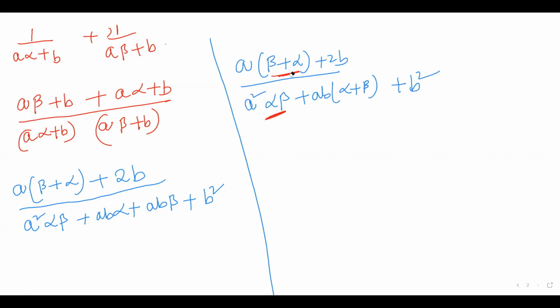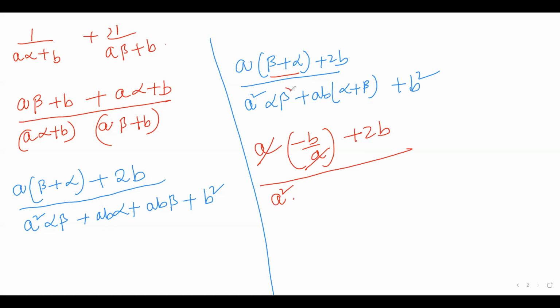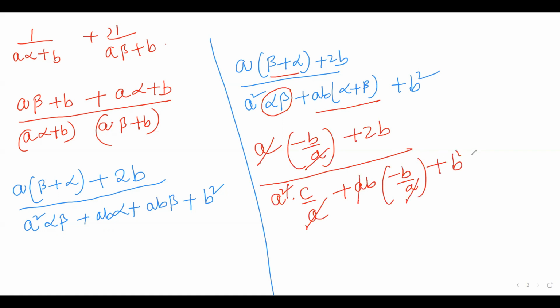At this stage, you can substitute. A into sum is minus b by A. A will get cancelled, plus 2b remains. A square, product of zeros is c by A. One A will cancel, plus AB, sum of the zeros is minus b by A. Again, A will get cancelled, plus b square.